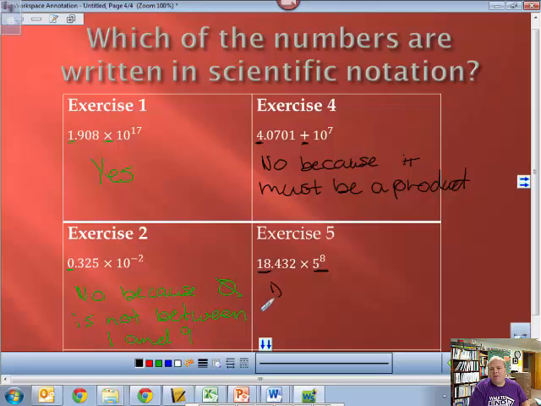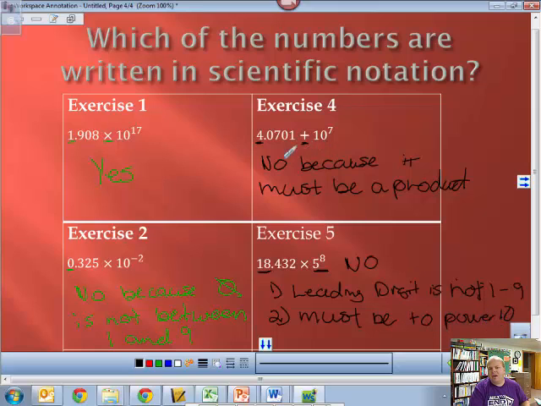So this is a no. Number 1, because the leading digit is not between 1 and 9. And it must be written to a power of 10. Okay, like this example here, this one, and this one.